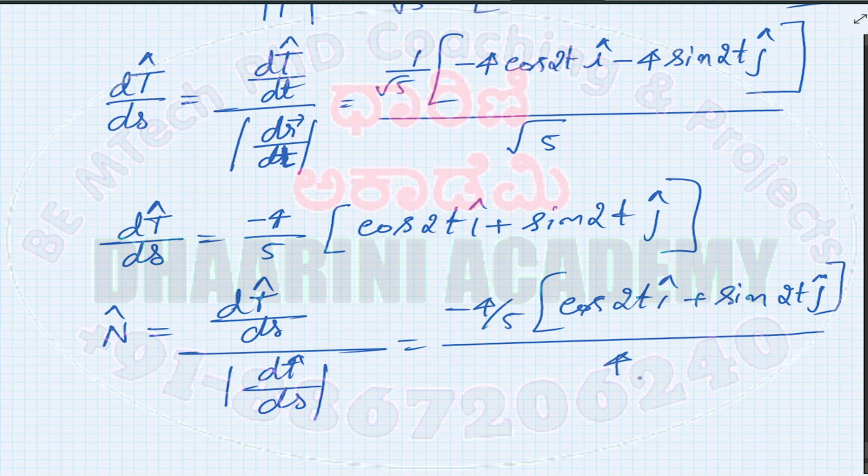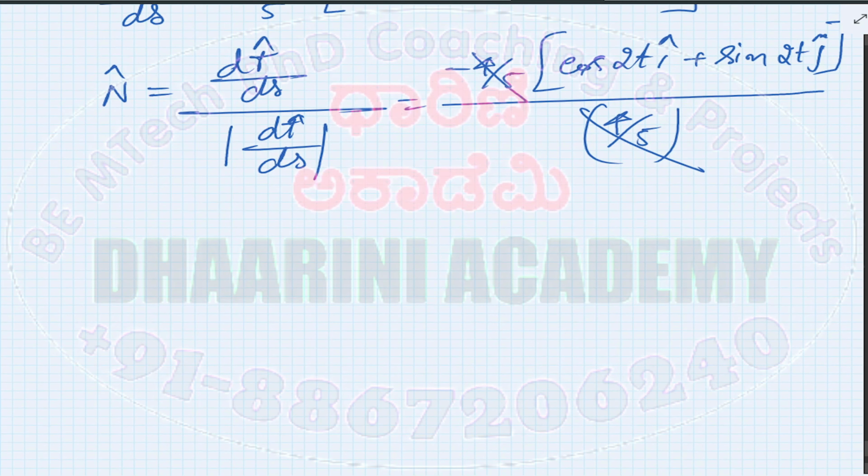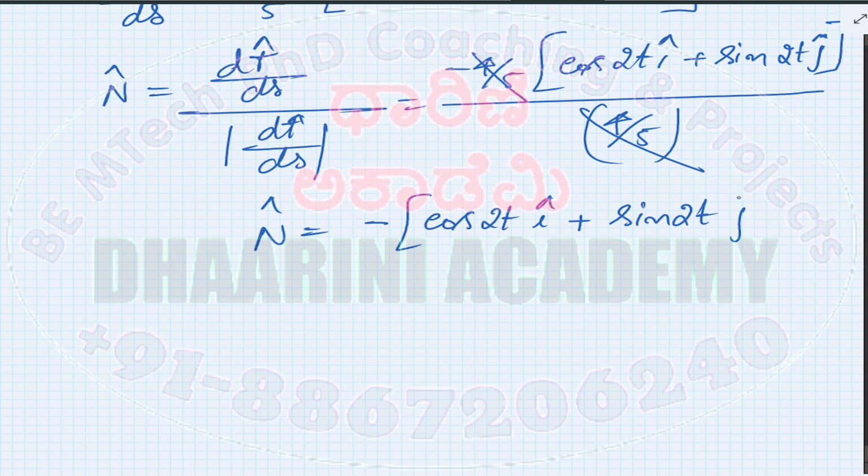So by just observing we can write here, and I can see that they will get cancelled. So when they cancel, we get the n cap like this. N cap is equal to minus of cos 2t i cap plus sine of 2t into j cap.